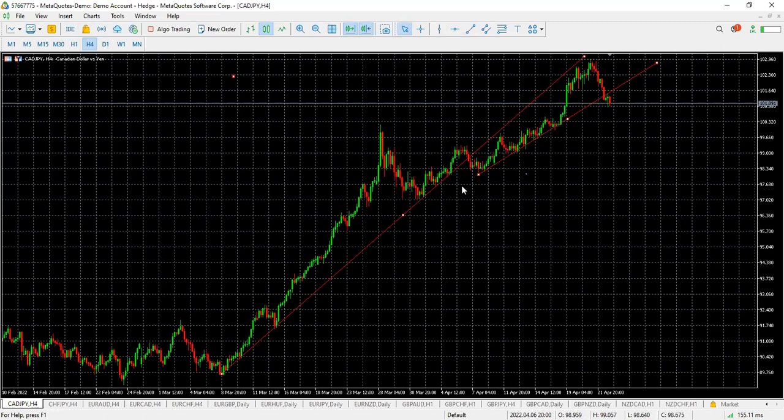If I take it up, down, down, you see that it was respected here, and here, and this one. So from here, our trend is broken. That means we have a sell signal here because it is broken.